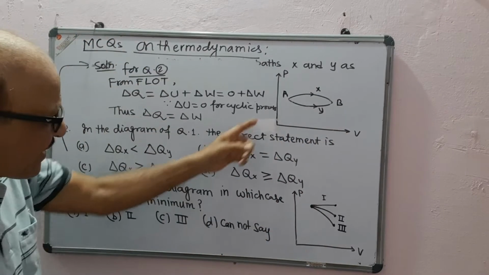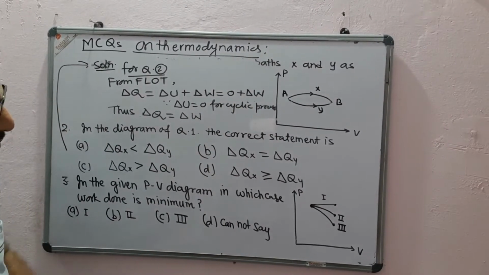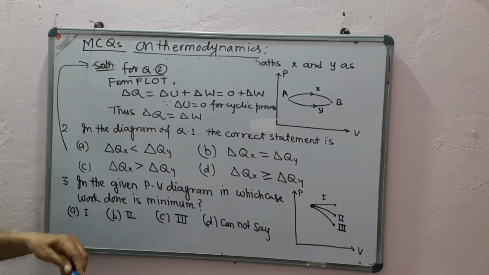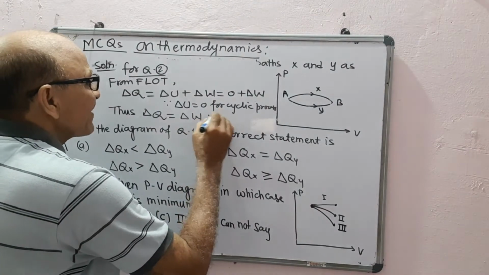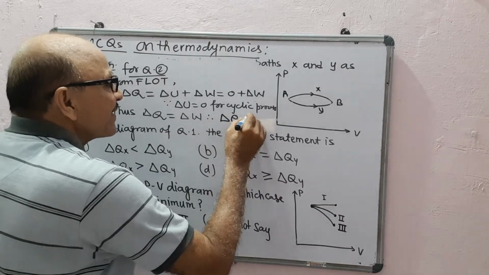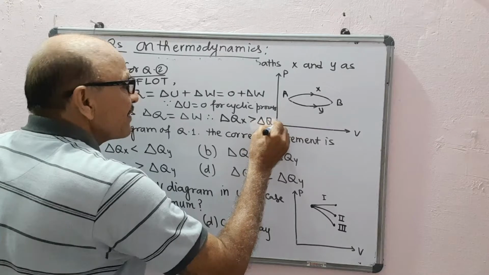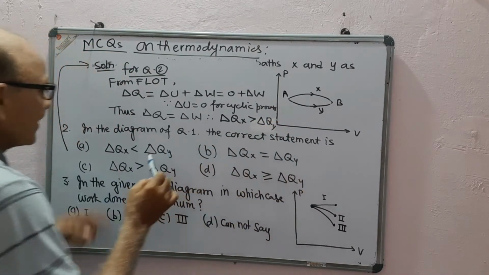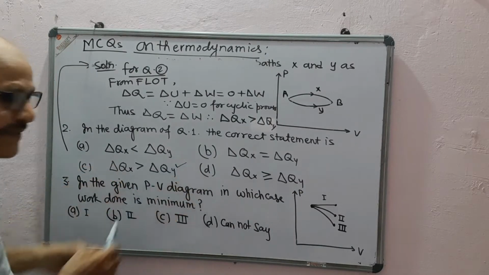Means work done through path X will be more than work done through path Y. Therefore, from this relation, delta Q X will be greater than delta Q Y. The correct answer will be delta Q X is greater than delta Q Y. This is the correct answer.